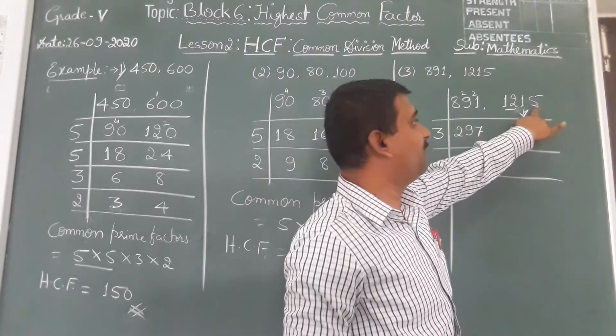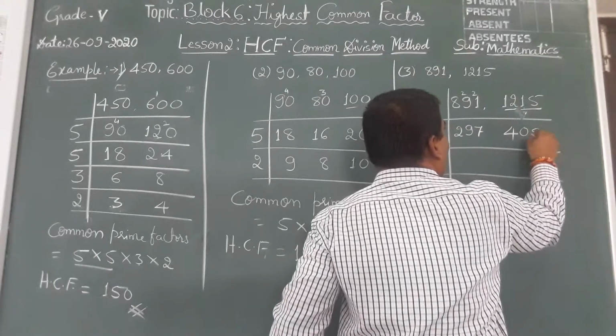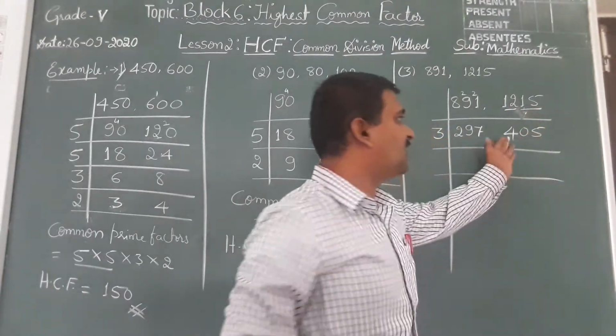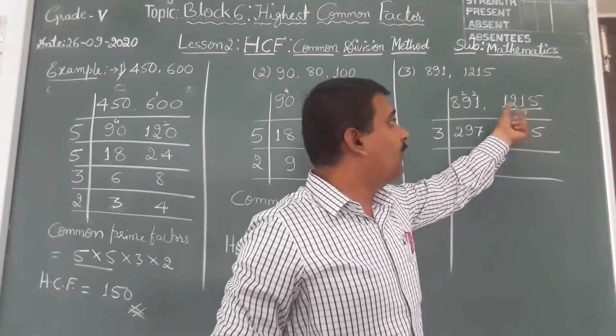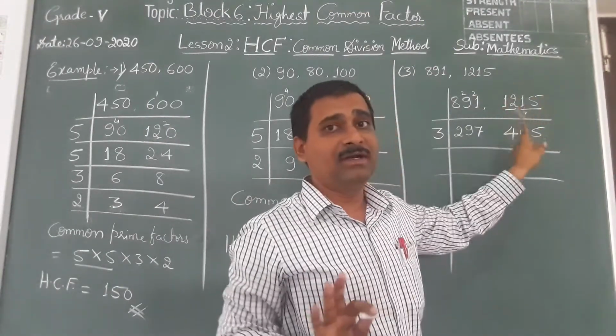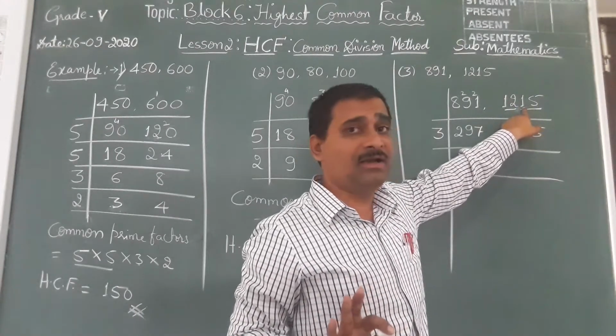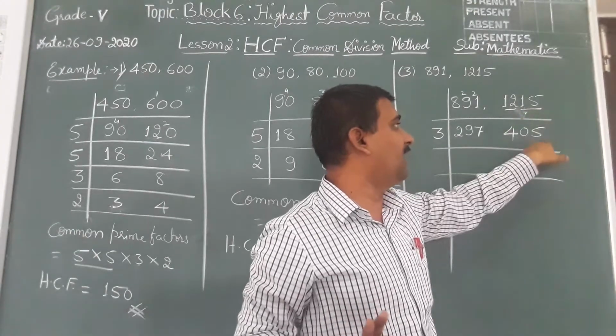Then you take 5, now the number is 15, so 3 5s are 15. Don't write 45. Only the first 2 digits you can take together; after that, only one digit.